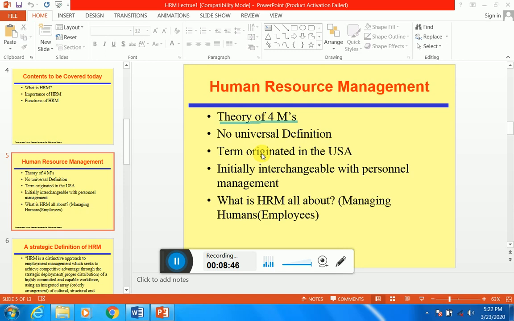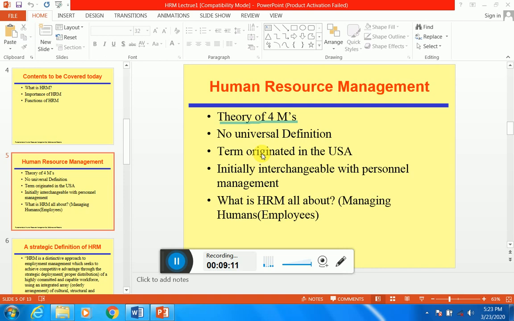Therefore their definition is not universal. It is standardized. It doesn't mean that the definition is not standard. For example, the people who are practicing human resource management in Pakistan, or the people who are doing their practices in India, there will be a contextual difference between the definitions. The definitions argued in India will definitely be different from the definitions argued in Pakistan.